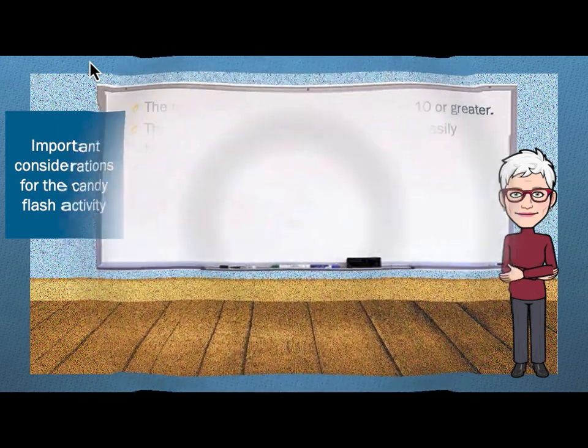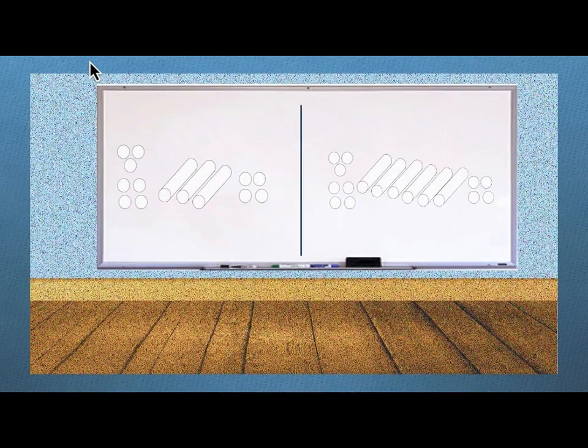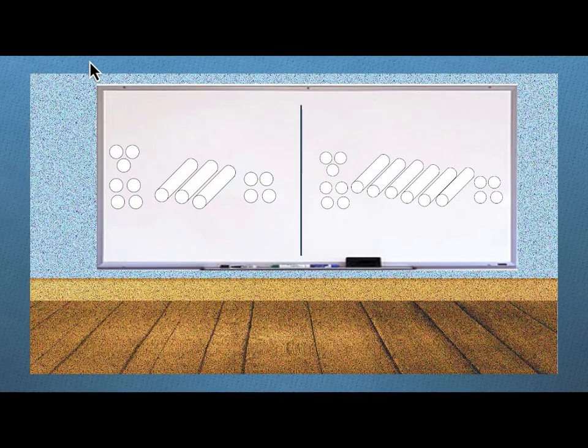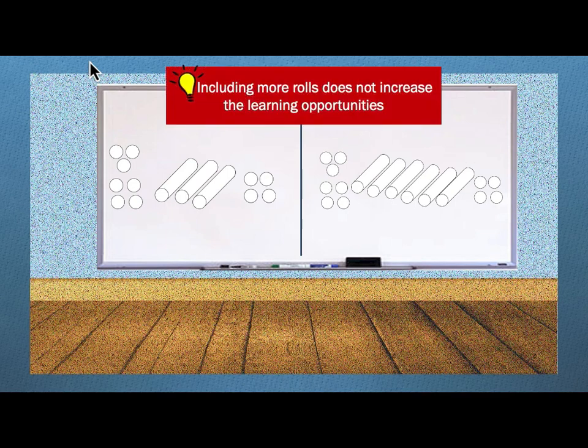For example, both pictures shown here have the same number of pieces shown in the same patterns. So the conceptual demands of creating another roll, which is the primary purpose of these tasks, are the same. Simply including more rolls, as in the first task, does not contribute to the purpose for which this task is designed. In other words, just making the quantity larger does not increase the learning opportunities the task provides.